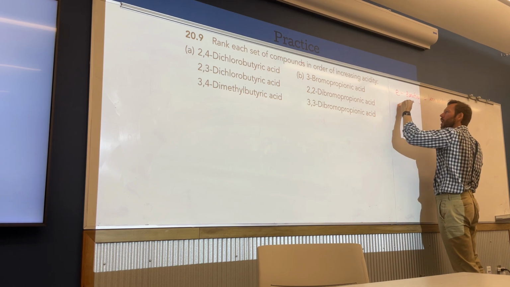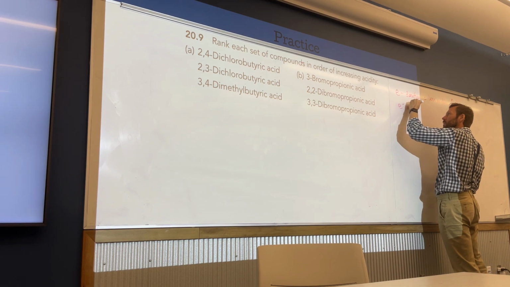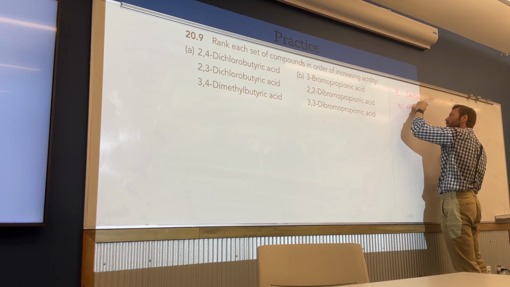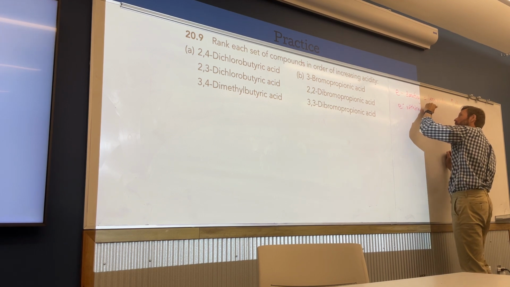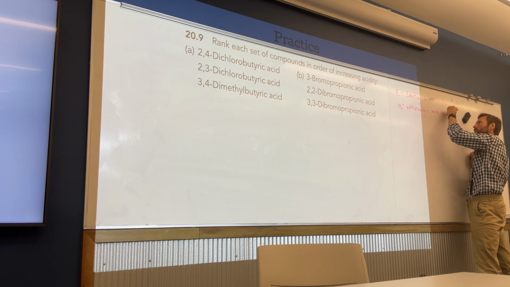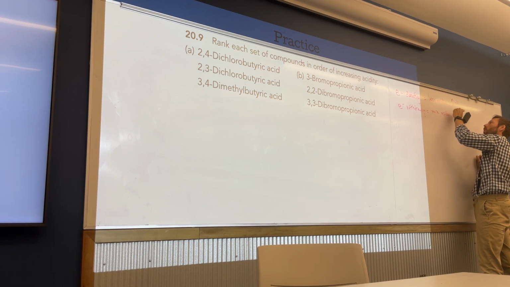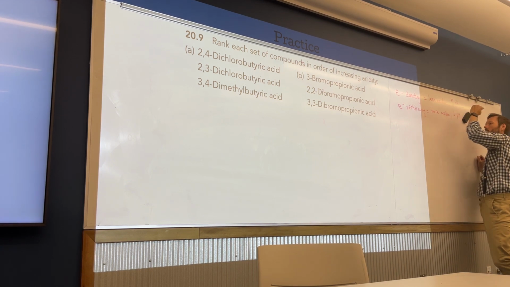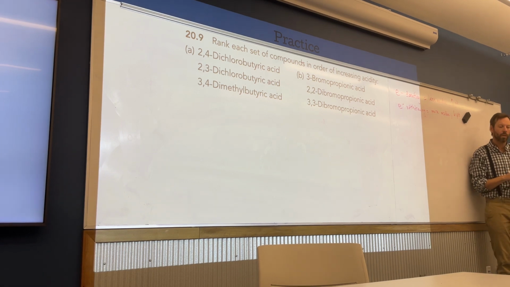If you are electron withdrawing, you're going to be more acidic, so a lower pH. Okay.